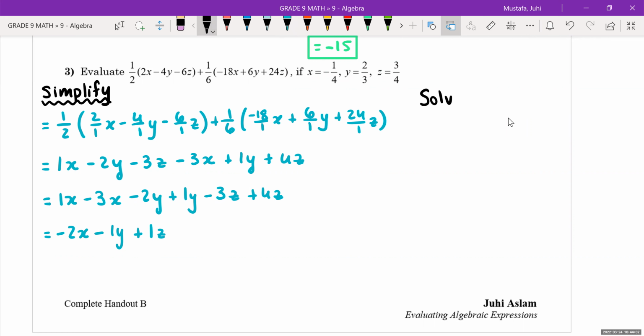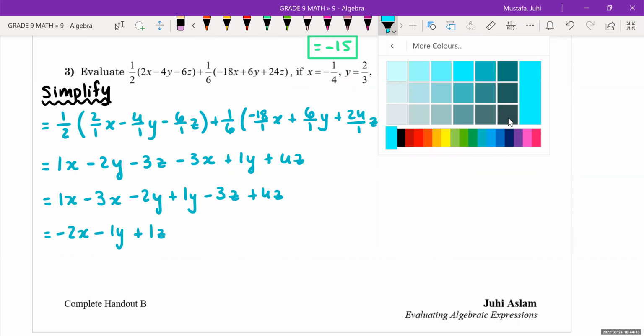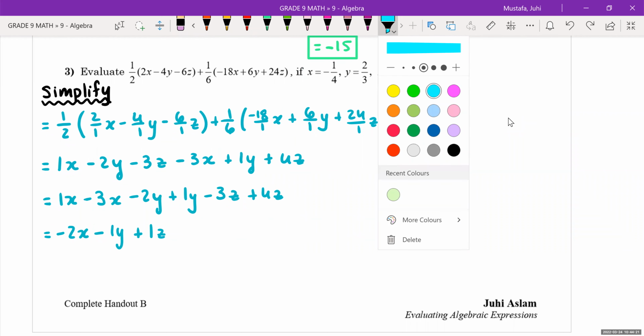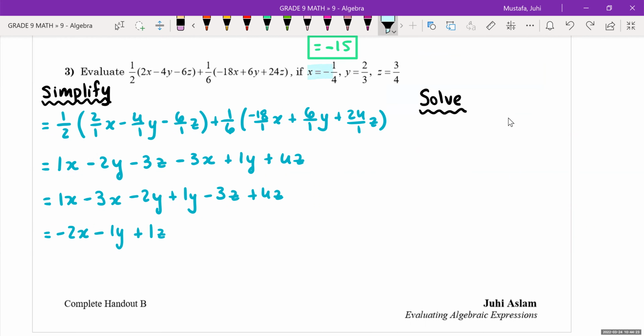Now we're going to go ahead and solve it because this question actually gives us a couple of values for x, y, and z. So just take a look up here. Those are the values we're going to be substituting.